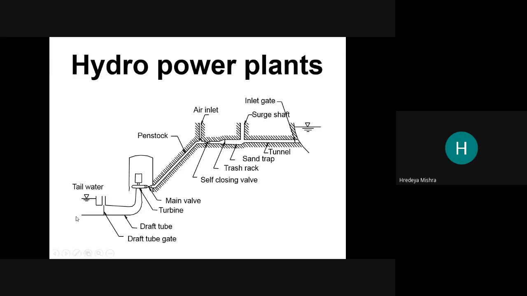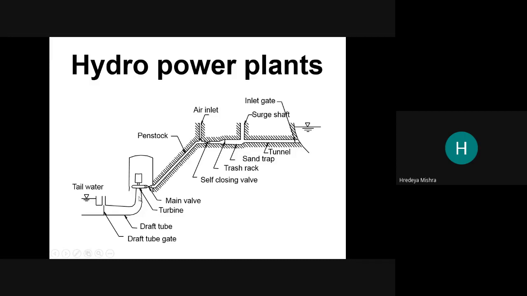Okay, see here, this is the turbine, this is the main valve. Main valve means water enters the turbine here to rotate the turbine. Okay, now this is the tail water, means the water velocity or water pressure is utilized to rotate the turbine.